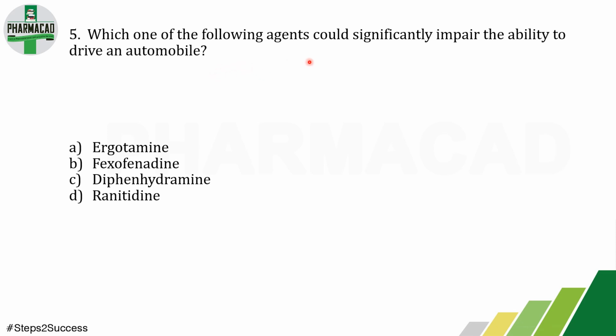Next question. Which of the following agents could significantly impair the ability to drive an automobile? The options include ergotamine, fexofenadine, diphenhydramine, or ranitidine.